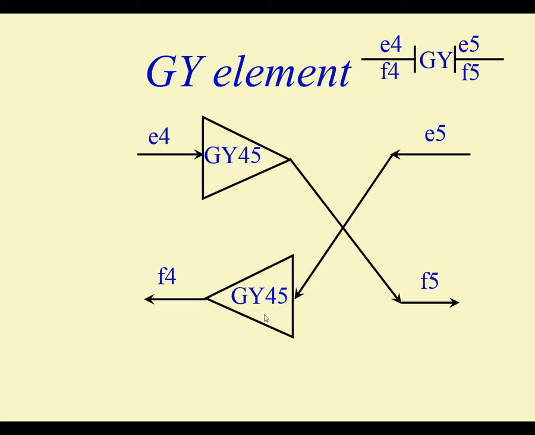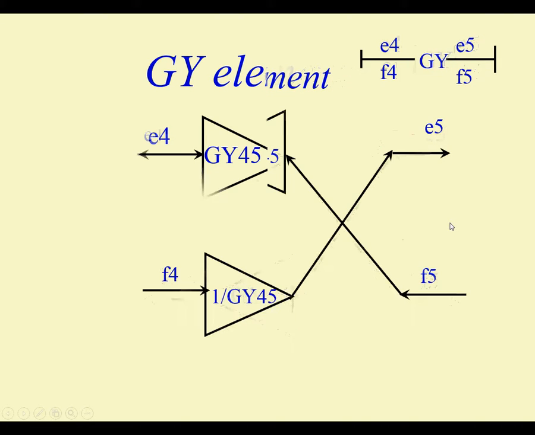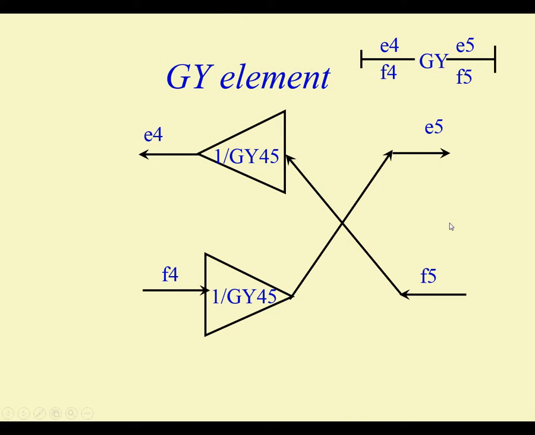We call it a cross transformer because it crosses the lines in both directions. Like the effort in this case comes in and gets transformed into a flow. You see? The other one, from here, effort, then multiplied, then you're going to have E sub 5, F sub 5. This is the other kind. In this case, do you notice what the input is to the GY?